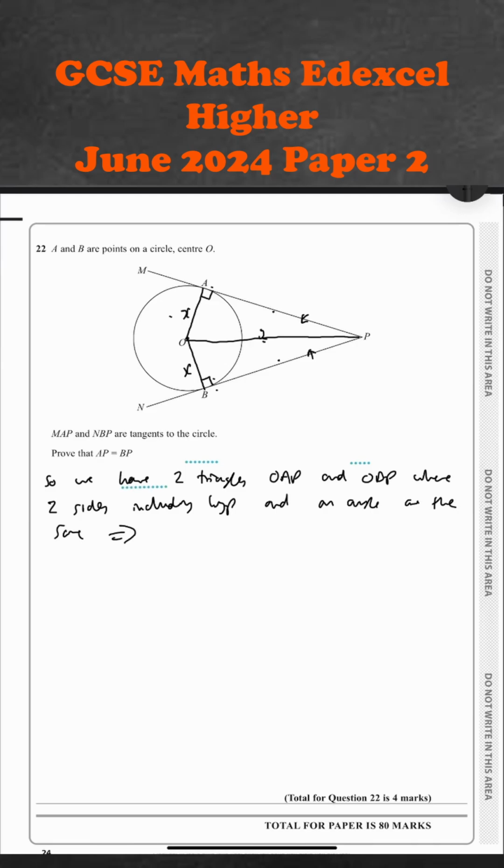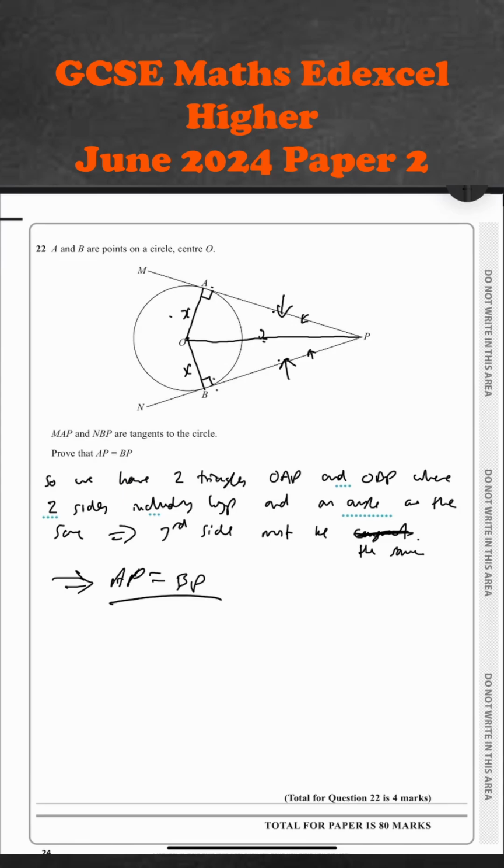Therefore, by congruence of the triangles, the third side must be the same. Therefore, the third side in these scenarios is this line here and this line here. So therefore, AP equals BP as required.